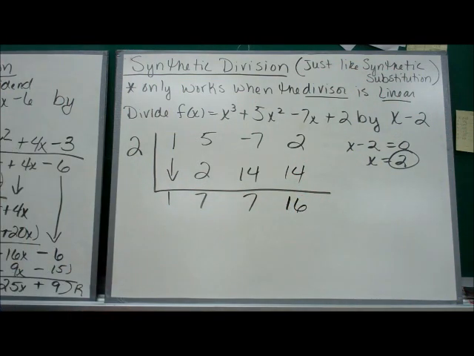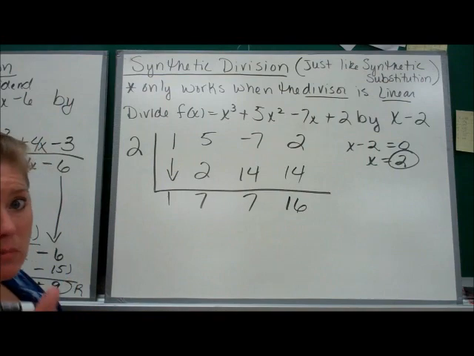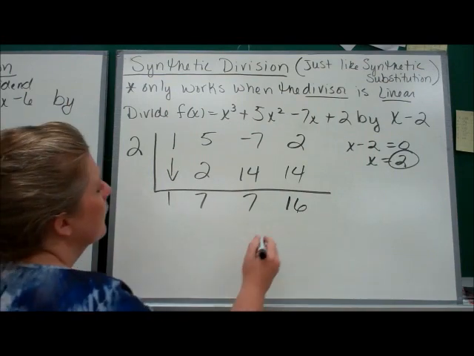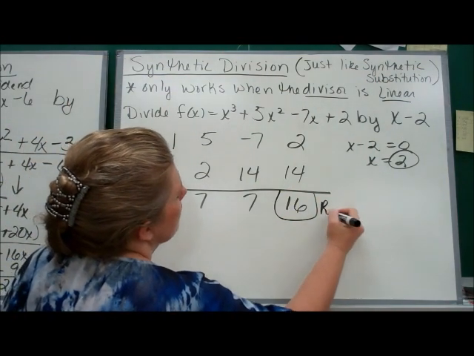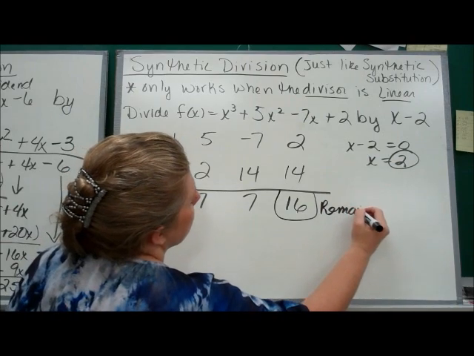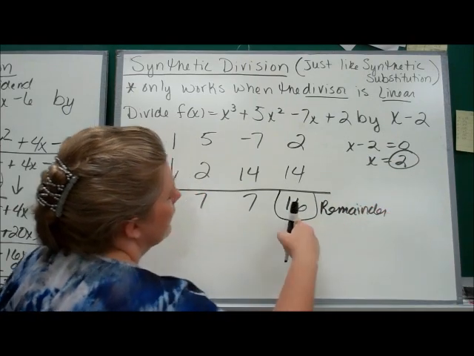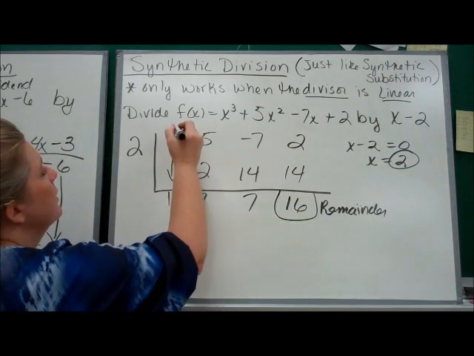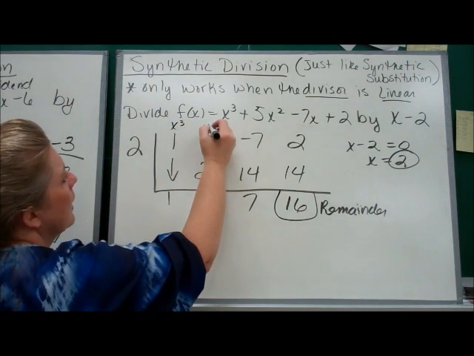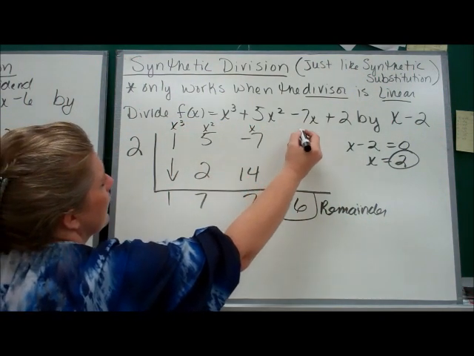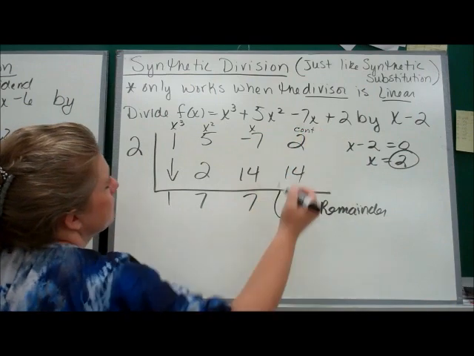Okay, so let me just check, make sure that's what I got when I did it a minute ago. And it is. Okay, so what does this mean? Okay, this right here is the remainder. We started with x cubed, x squared, x, and a constant.